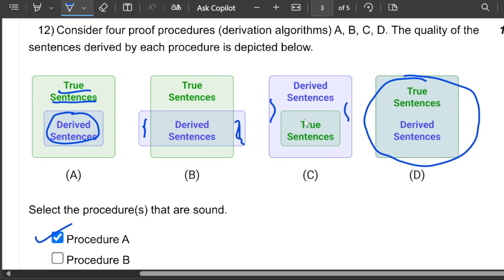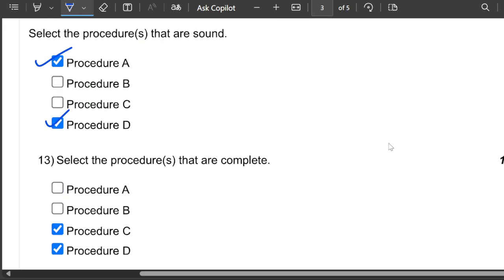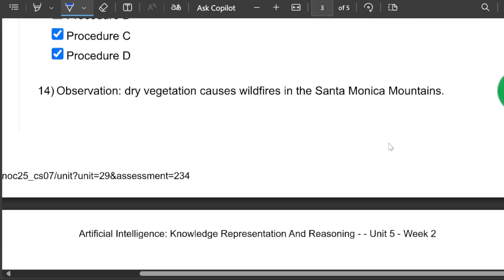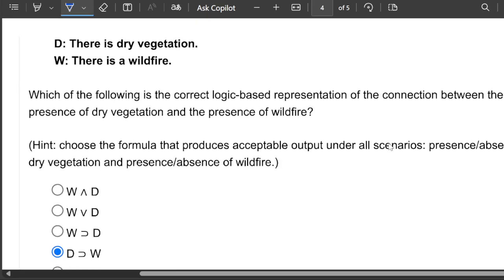Here we can see that derived statements are including all true statements, so it is complete. And here it is a merge of true and derived statements, so it's complete.